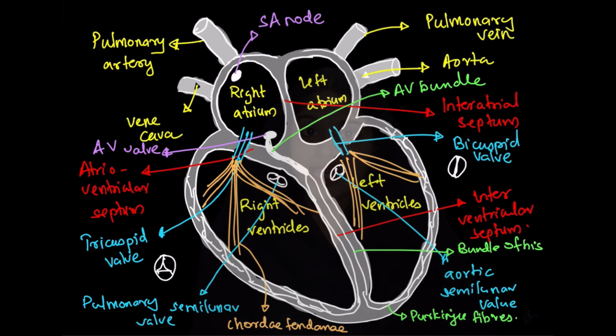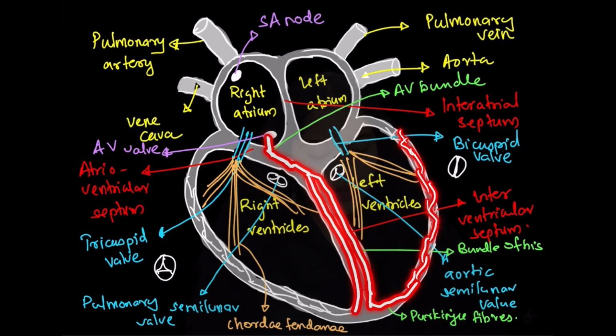From the atrioventricular node, a bundle arises into the atrioventricular septum called the atrioventricular bundle or AV bundle. Once the AV bundle reaches the ventricular septum, it divides into two bundle branches, and these bundle branches enter the ventricular walls as the Purkinje fibers. These Purkinje fibers spread throughout the ventricular walls.